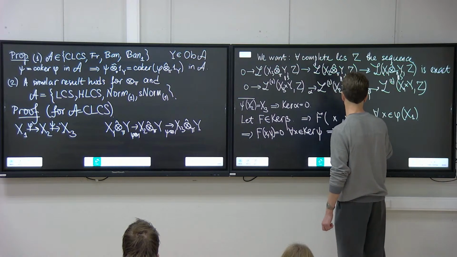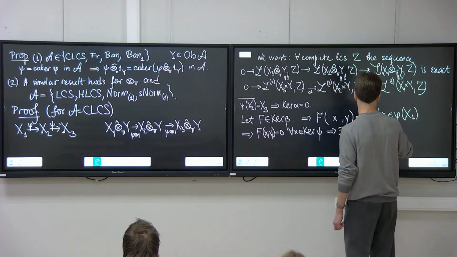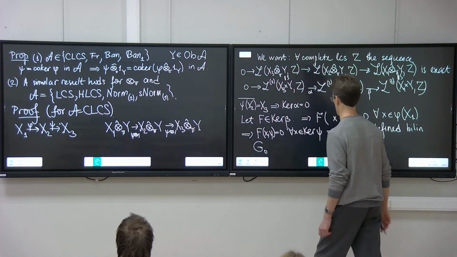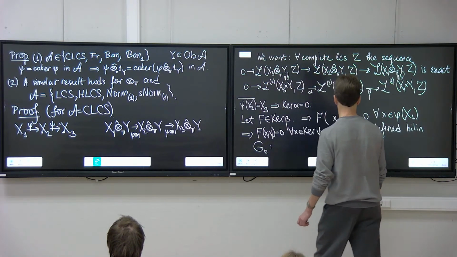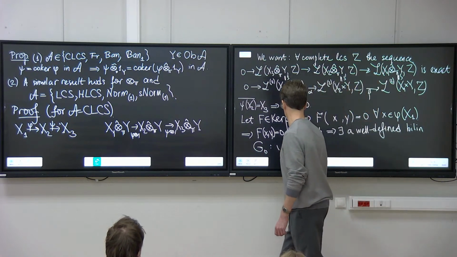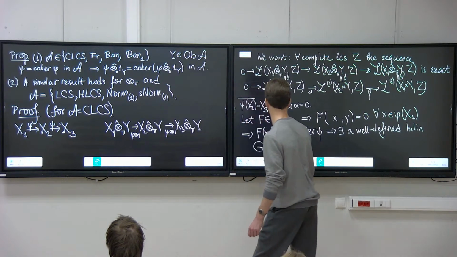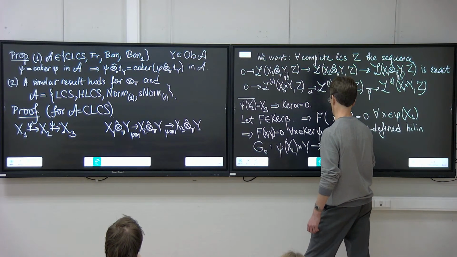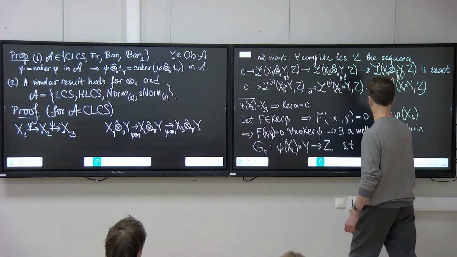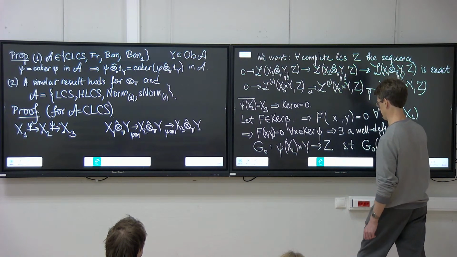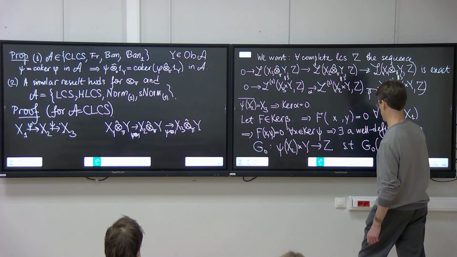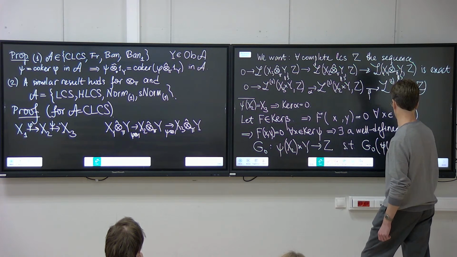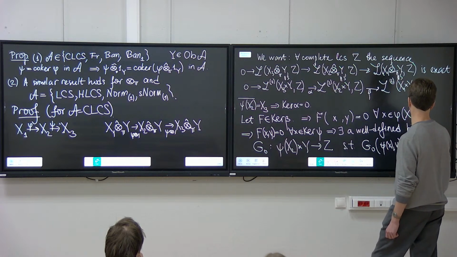There is a well-defined bilinear map that's denoted by G0 on the range of psi of X2 cross Y to Z, such that G0 of little psi of xy is F of xy.